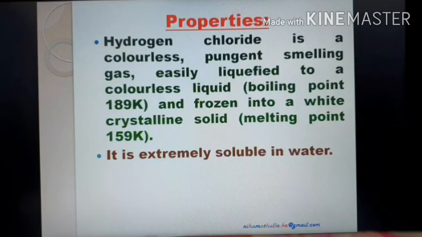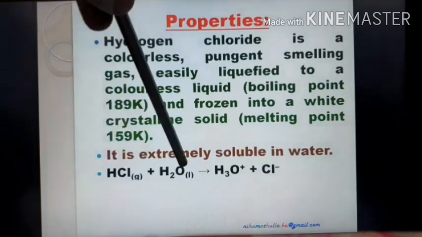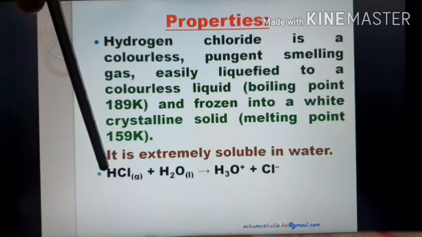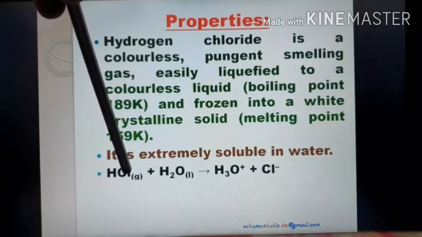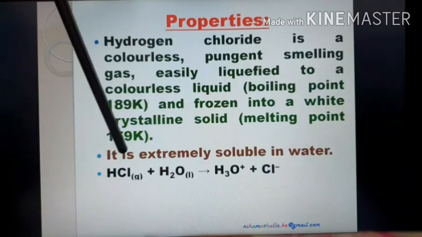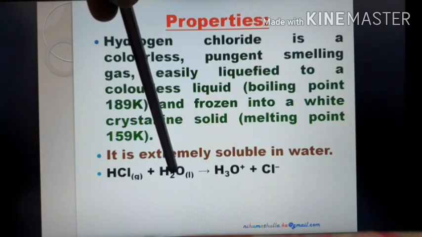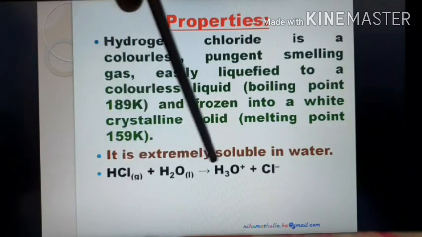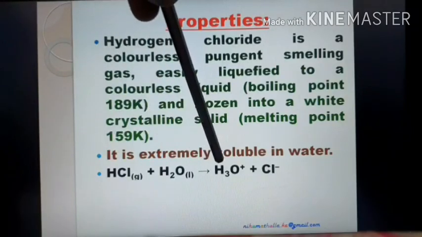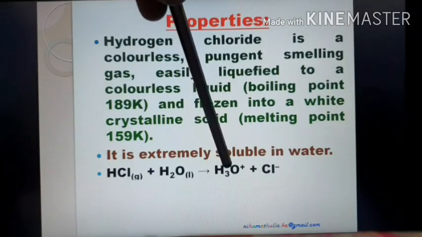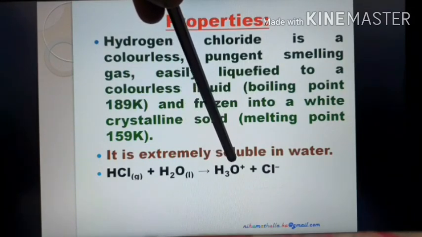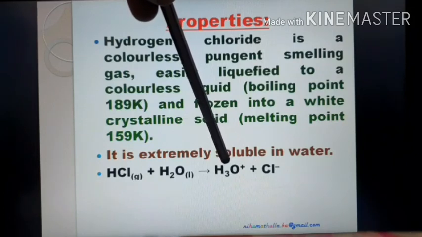When added to water, which reaction takes place? HCl donates a proton to the water molecule. Therefore, HCl is called a Lowry-Bronsted acid. The water molecule accepts a proton, so it is called a Lowry-Bronsted base. After donating a proton, Cl minus is obtained, and a new positive ion is also obtained, called the hydronium ion, H3O plus ion, also called protonated water.